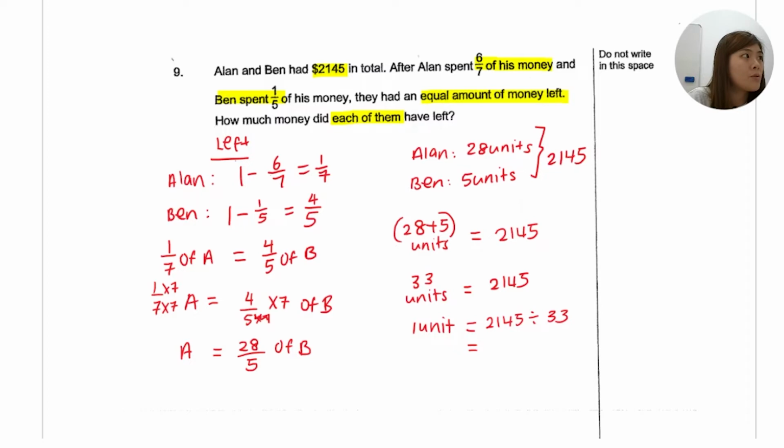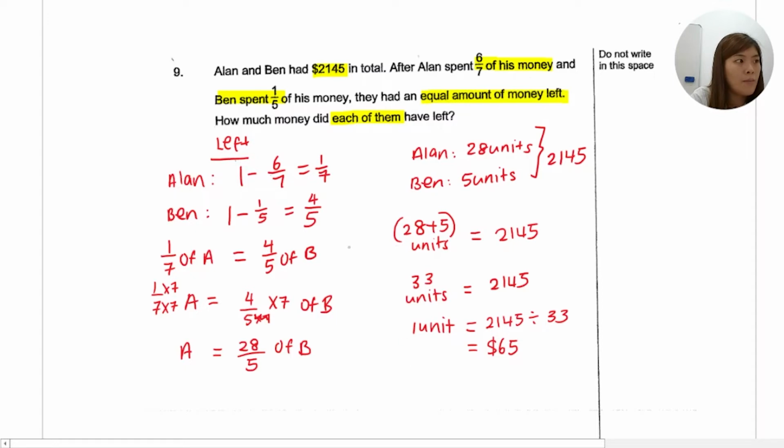So here put as 65. So how much money did each of them have left? They left with the same amount of money, right? So 1 unit is 65.